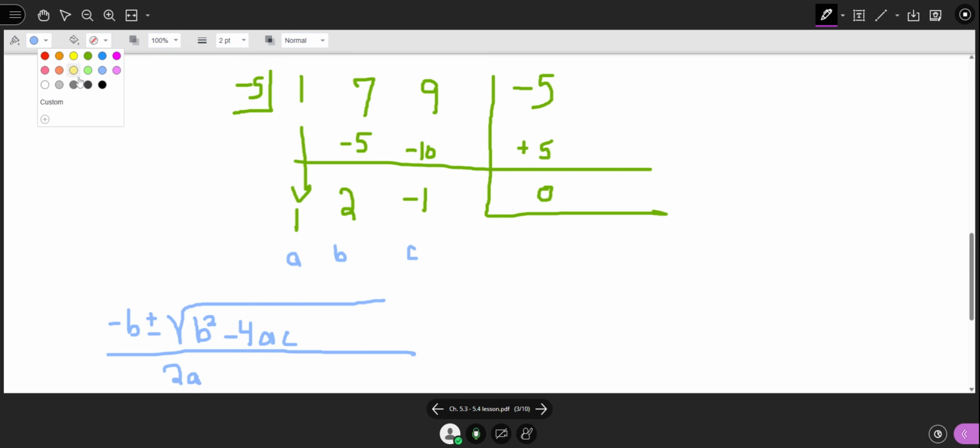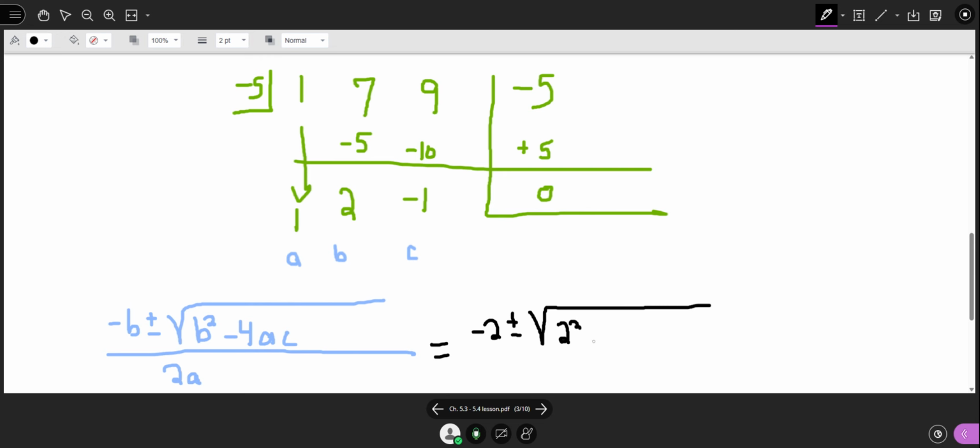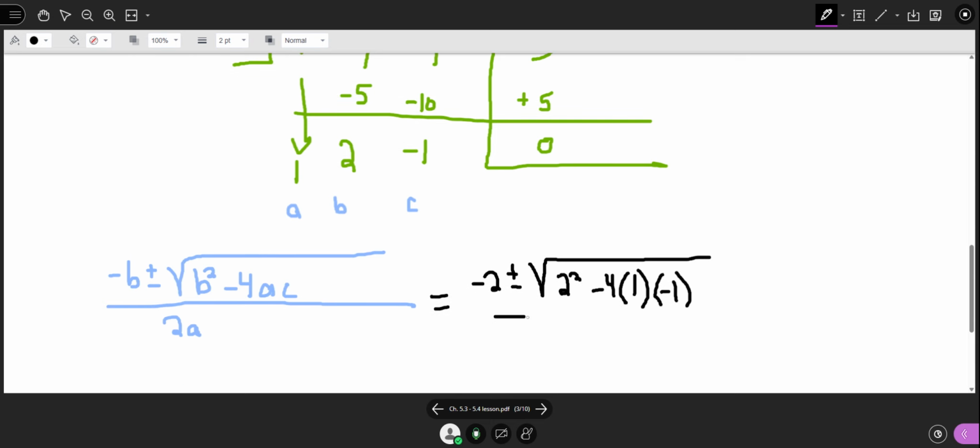Ew. B is 2, so the opposite of 2 is -2, plus minus the square root of 2 squared minus 4 times A times C, all over 2A.